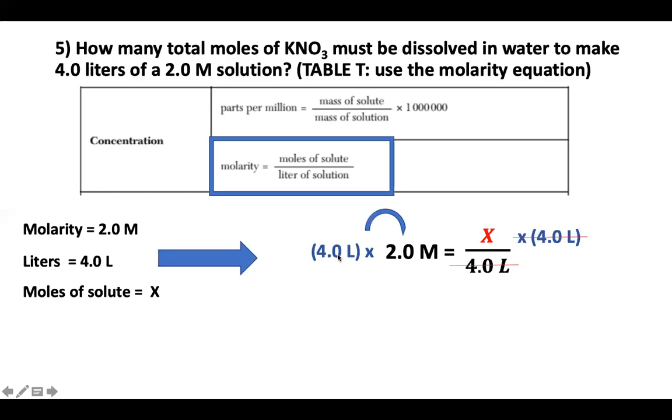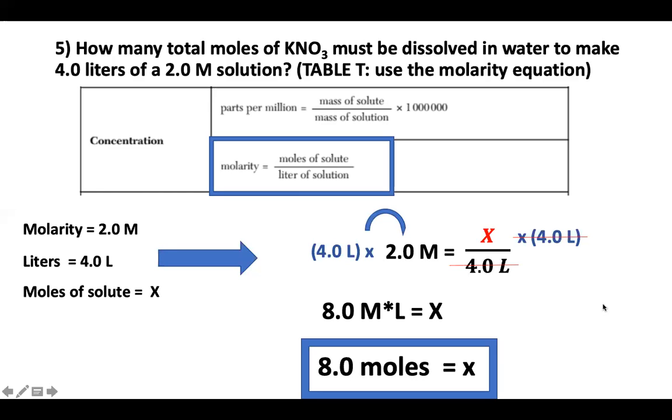Over here, we're going to be multiplying 4 liters by 2 molar. We end up with 8 M times L. And according to our formula up here, molarity is equal to moles of solute over liters of solution. So when we multiply molarity times liters, it basically equals moles. So X is equal to 8 moles. That's our final answer.